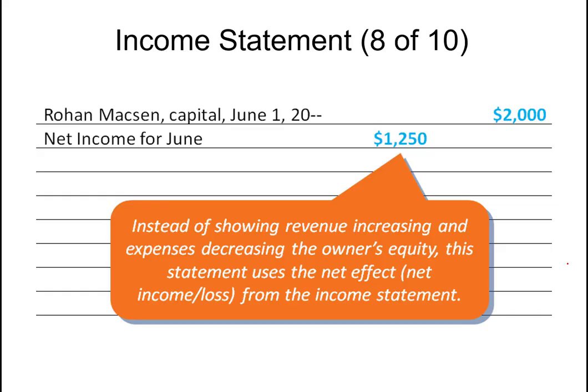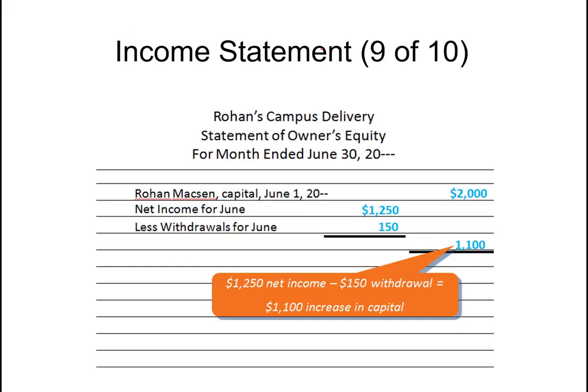So let us go to this statement. This is not the income statement. This is the statement of changes in equity. So what you should do now is start with the capital plus the net income and then minus the drawing.